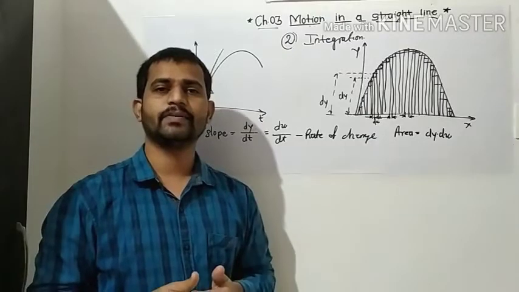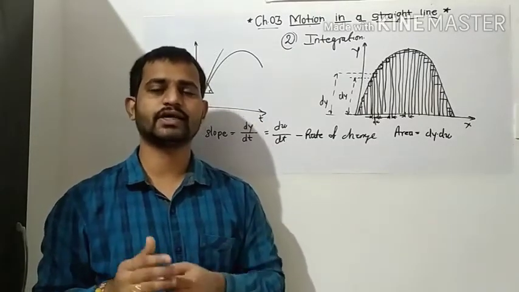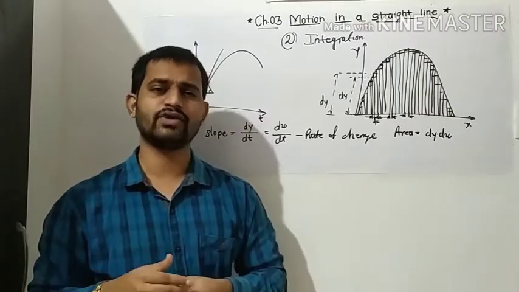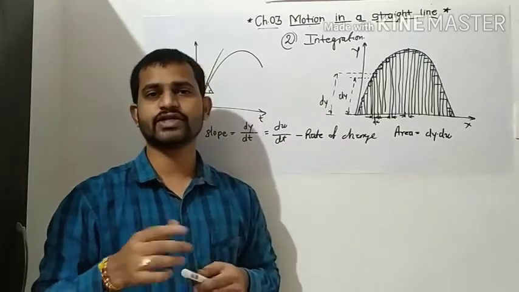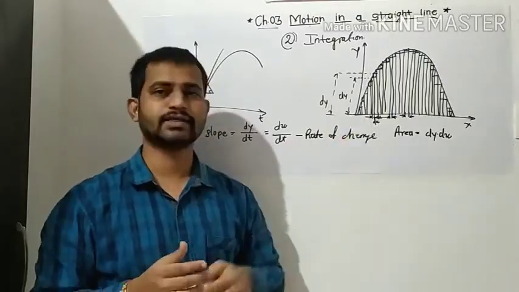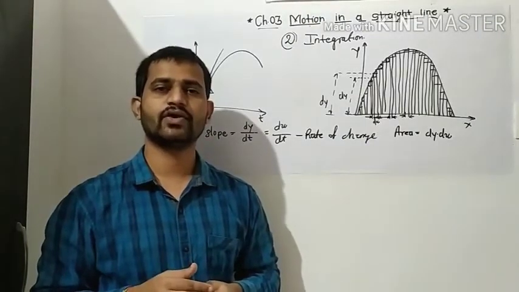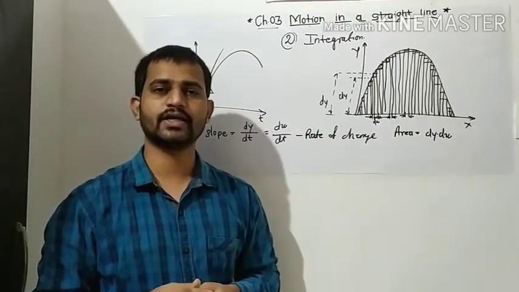The method of dividing the area into a number of small parts, multiplying the respective values of y and x, and finally adding such small areas is nothing but integration.